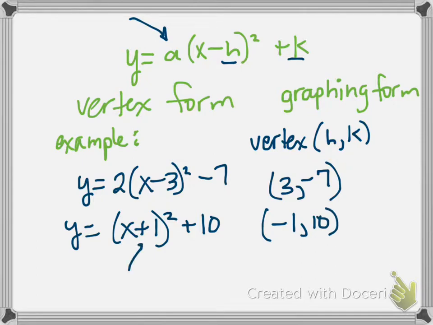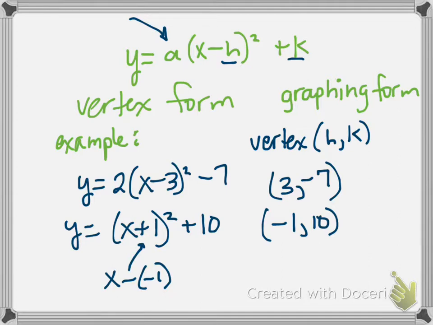Notice it's kind of counterintuitive right here. That's because, see how the formula is x minus h? So when you have x minus 3, h is 3. When you have x plus 1, it's like having x minus -1. And that's what the formula is, x minus h.